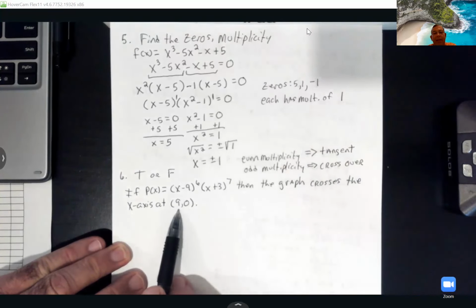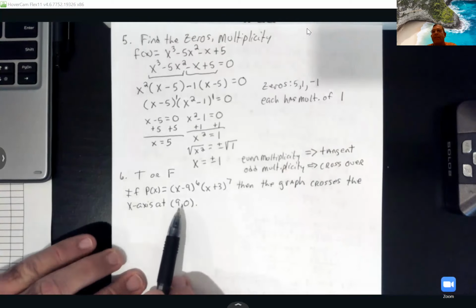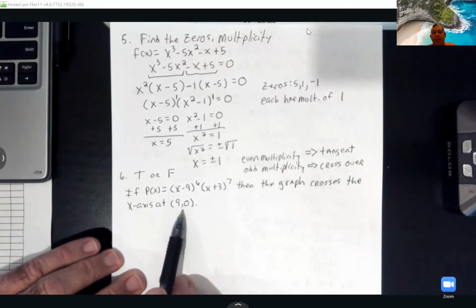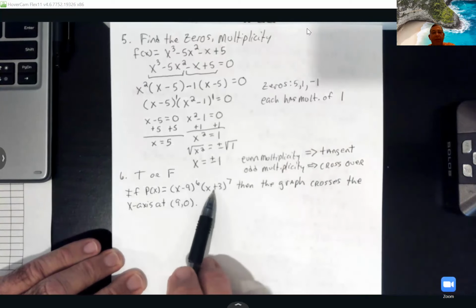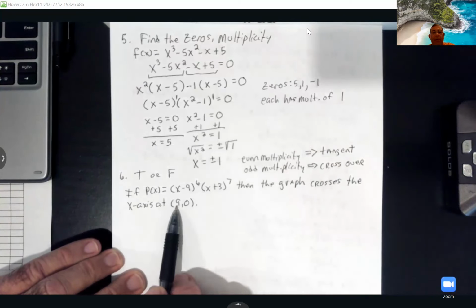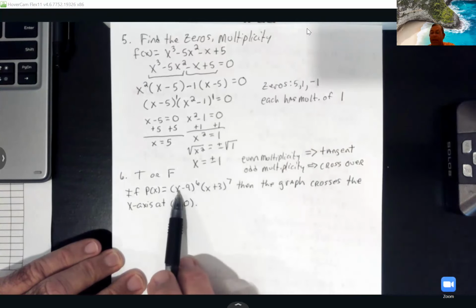So I got my x-intercept is 9, 0. Remember, the x value of the x-intercept is the same as the 0. So I got to figure out which one of these factors that 0 came from. Well, it had to come from the x minus 9 factor.